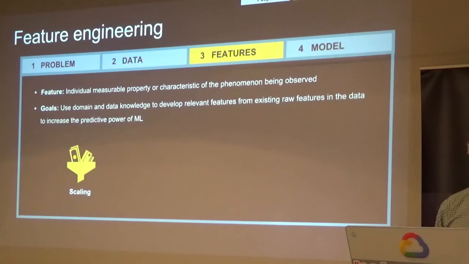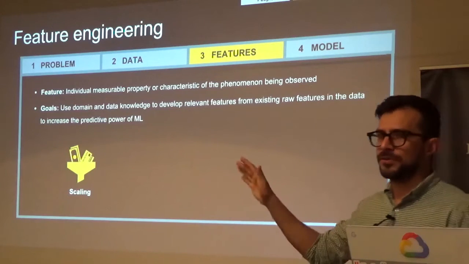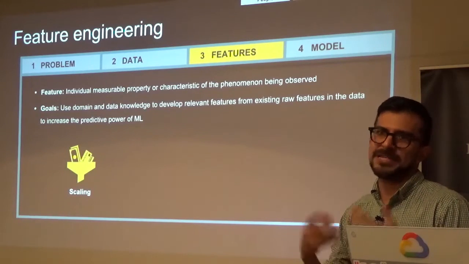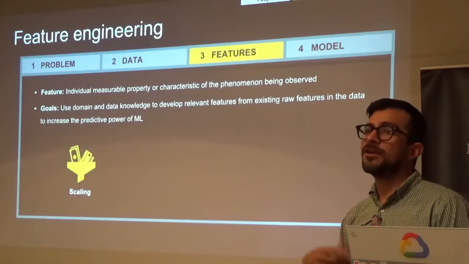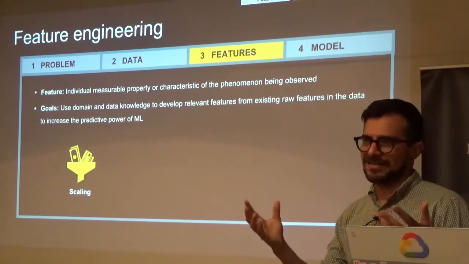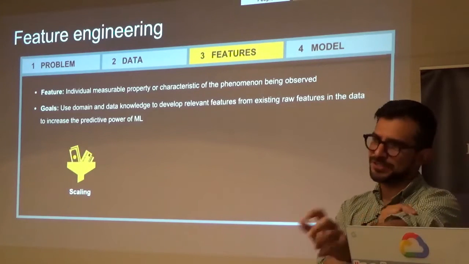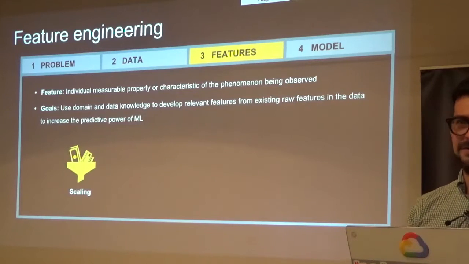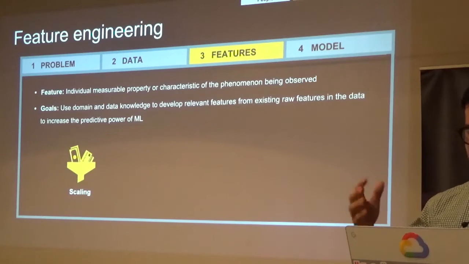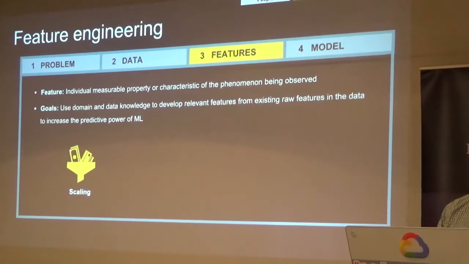The first one is called scaling. That is just making sure that all of your data is in the same format. If you're talking about currency, that's a classic example. You're doing a prediction and you want to look at sales volumes, so you make sure that all your quantities are the same, and all the measures you're using are the same.